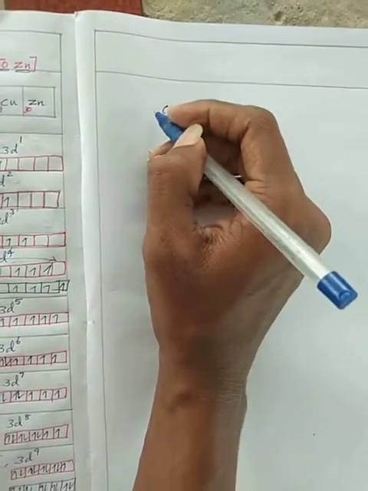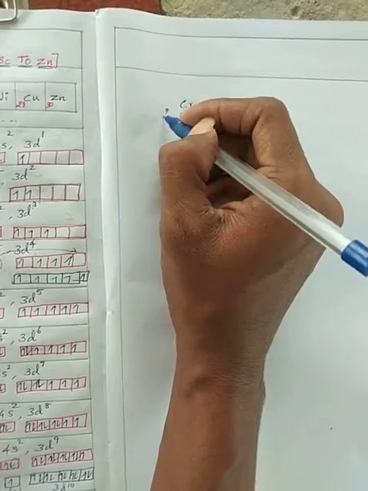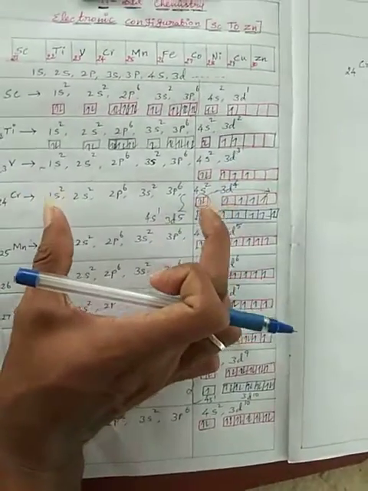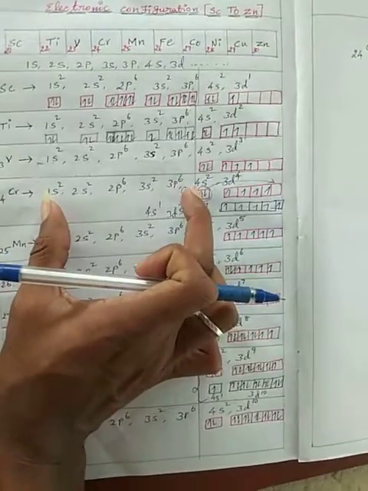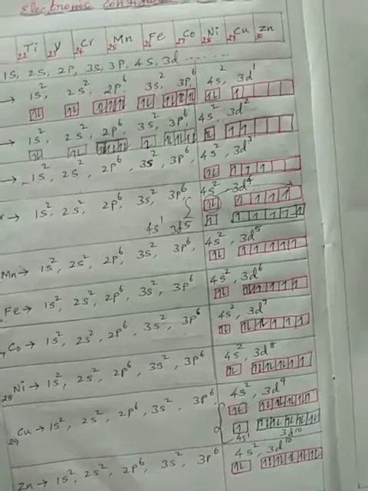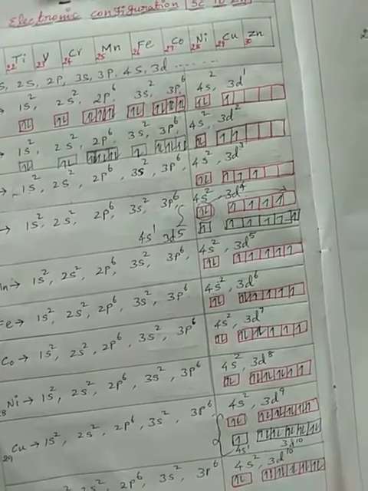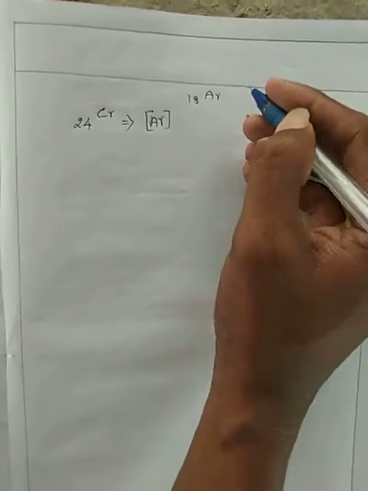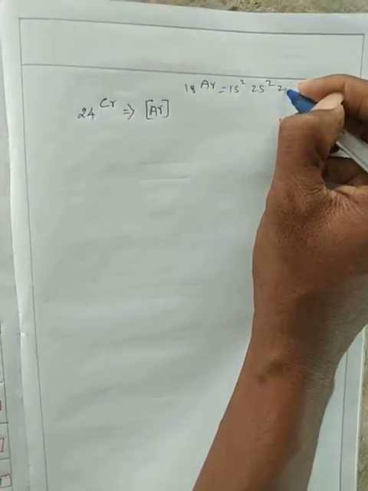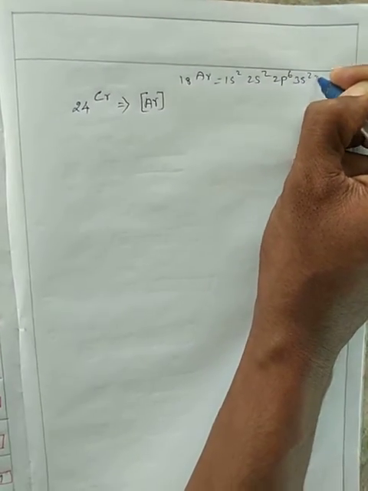Chromium has atomic number 24. Up to 18 the electronic configuration can be written in the short form of argon. Argon has atomic number 18: 1s2, 2s2, 2p6, 3s2, 3p6.